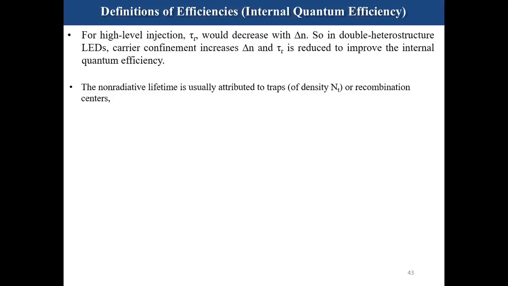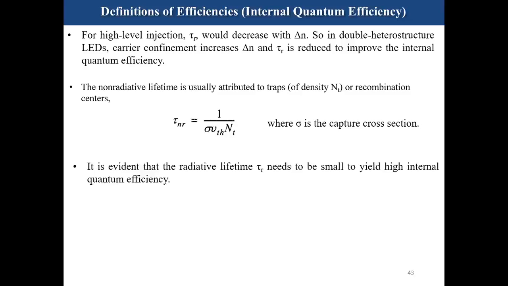The non-radiative lifetime is usually attributed to traps or recombination centers, whereas sigma is the capture cross-section. It is evident that the radiative lifetime tau needs to be small to yield high internal quantum efficiencies.